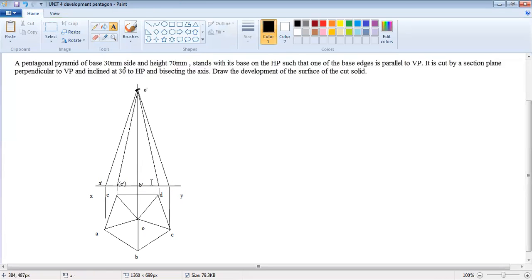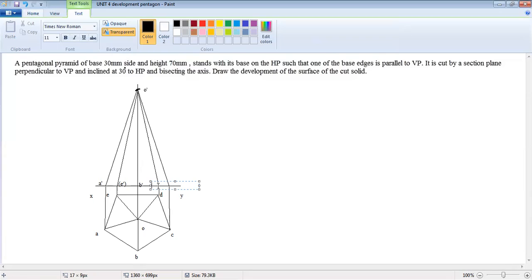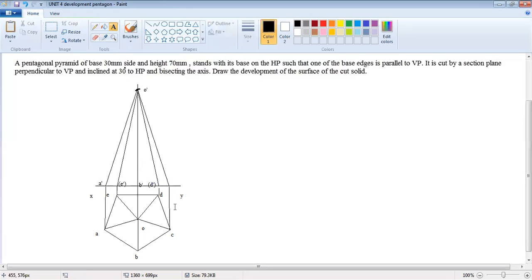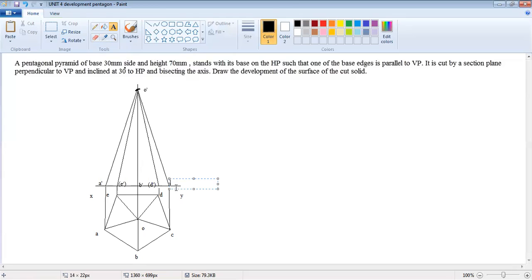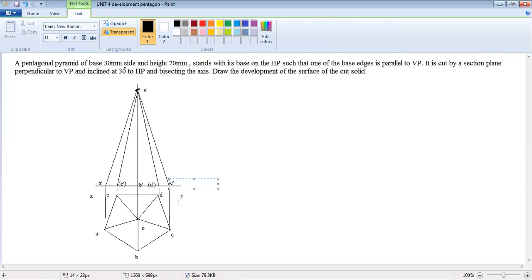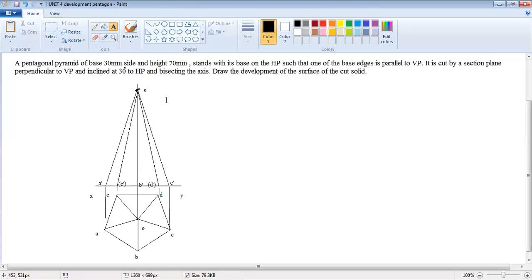This one is also invisible, so you have to put it in bracket, and this is C dash. So this is the front view and top view of the pentagonal pyramid.